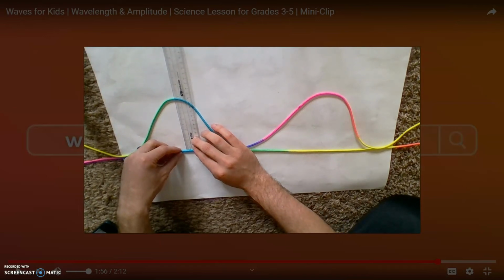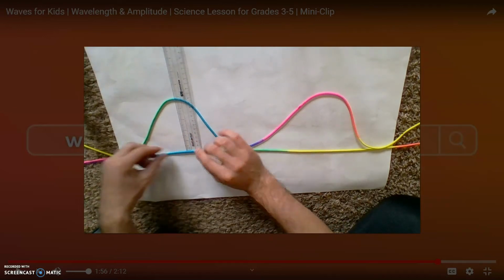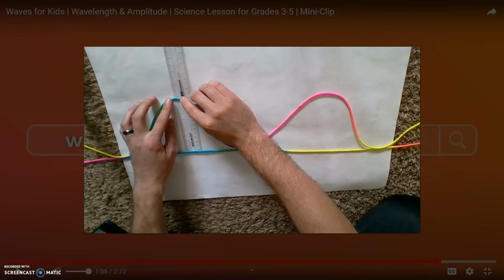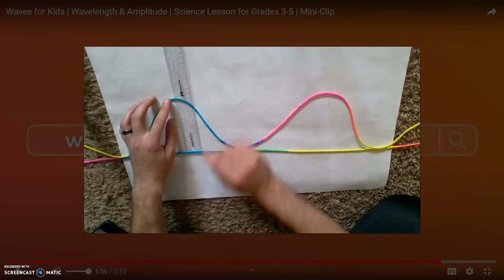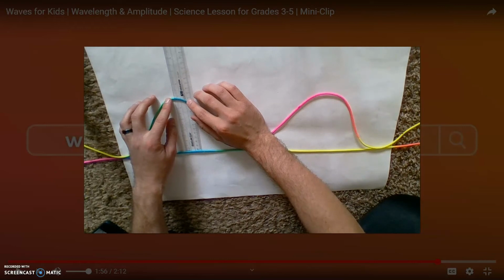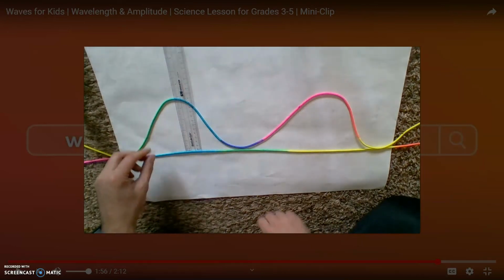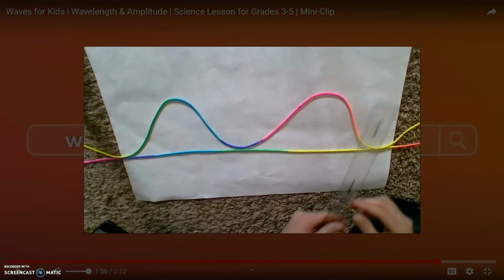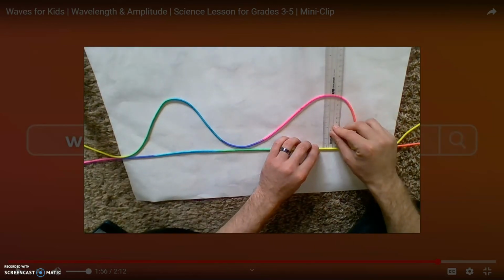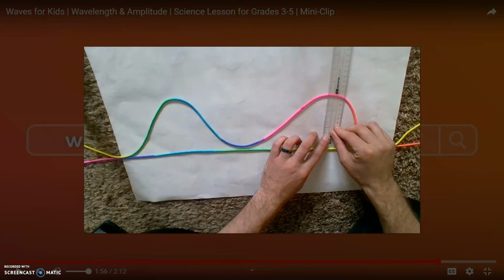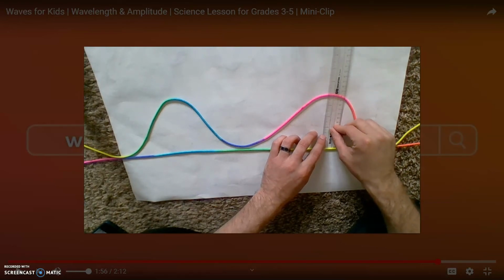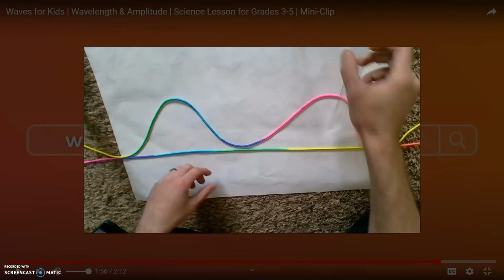again, you can go in inches, so there's 0 at the wave at the rest position, and here's the peak. So this wave would be 4 and 3/4 inches. This wave is just about the same, 4 and 3/4 inches.